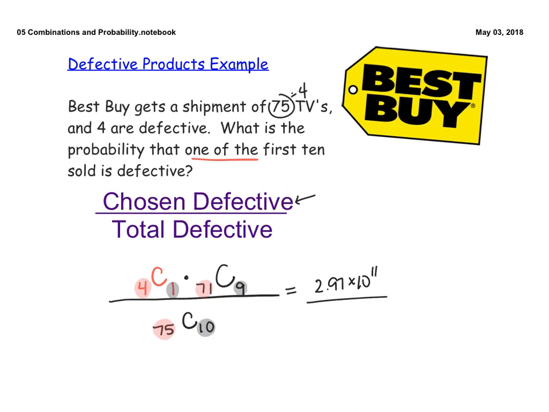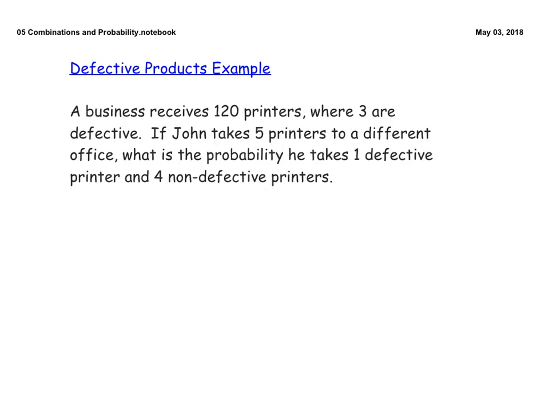Yikes. I'm just going to leave that number in my calculator and hit divided by 75 choose 10, so that I don't have any round off error. Okay. So I don't know what the bottom ended up being, but when I divide by it, I get 0.359. And that's my total.